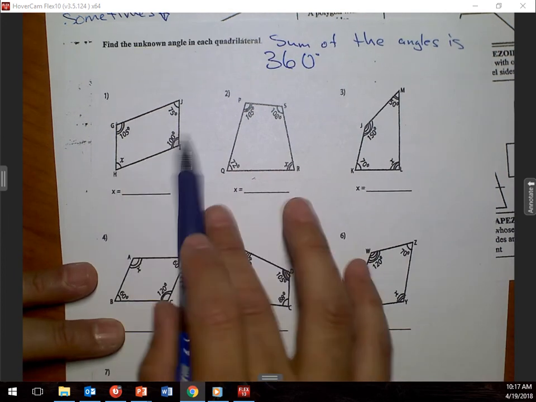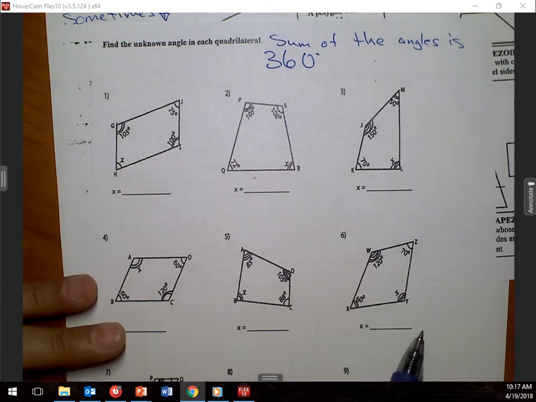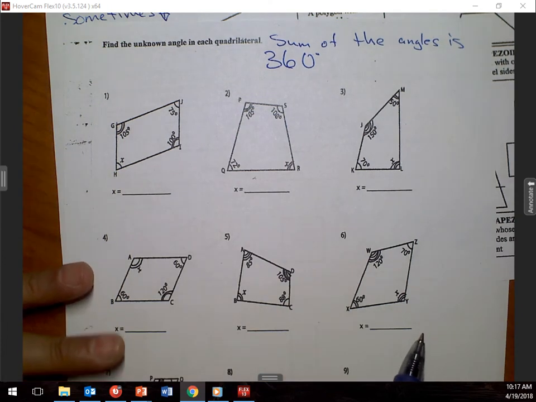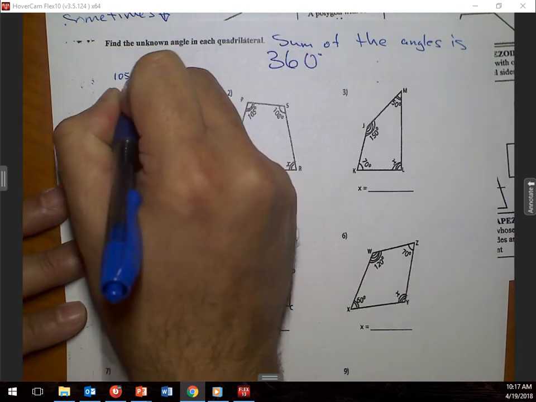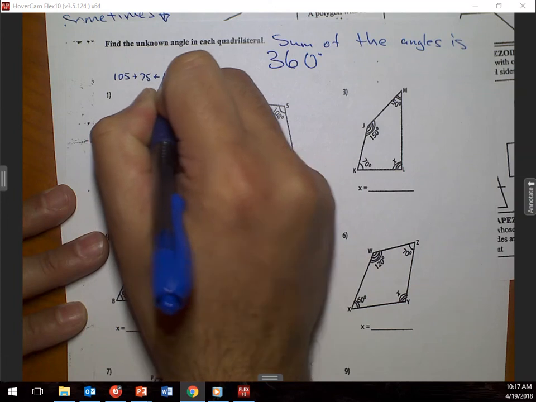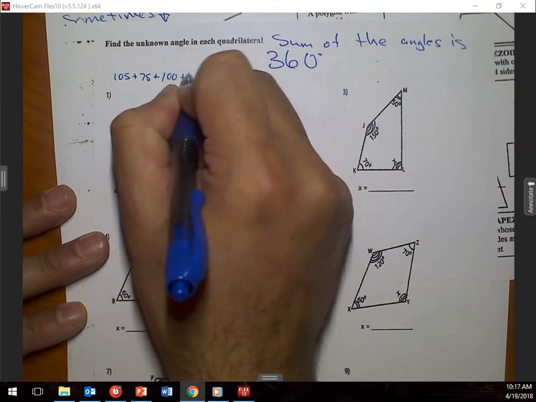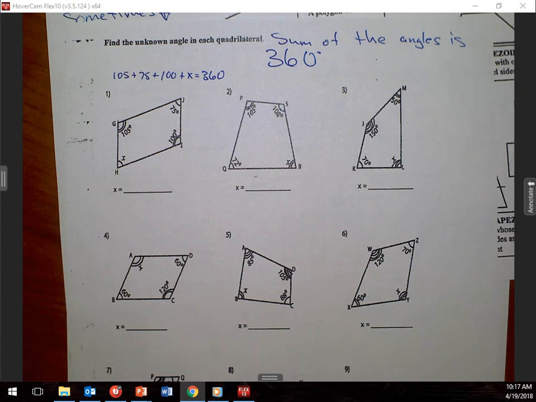In this case right here, please go ahead and do that. If I were to do the algebra on this, it'd be 105 plus 75 plus 100 plus x equals 360. Almost done.